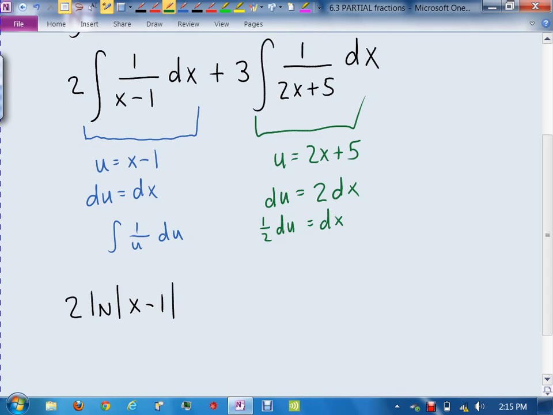And then I can pull that 1/2 out of the integral, can't I? And I'll have 3/2, and it'll still be 1 over u du then. So that becomes plus 3/2 natural log of what? 2x plus 5 plus a constant.